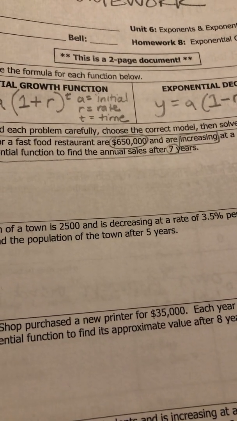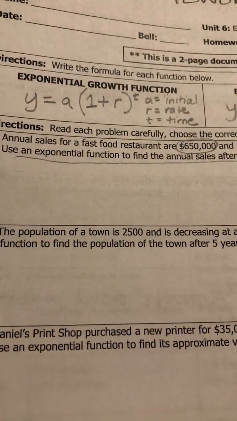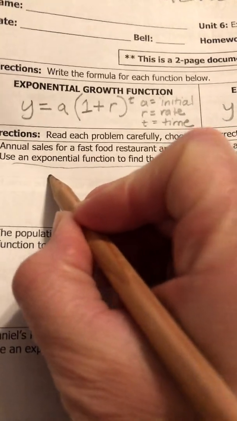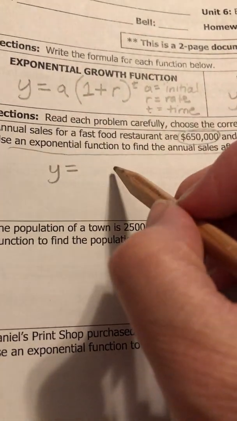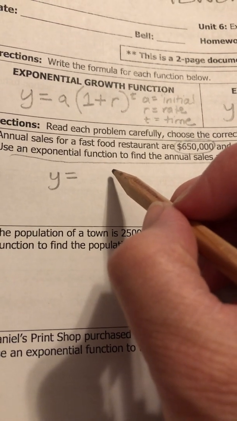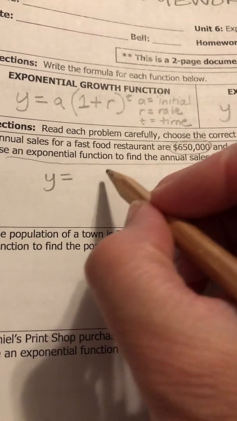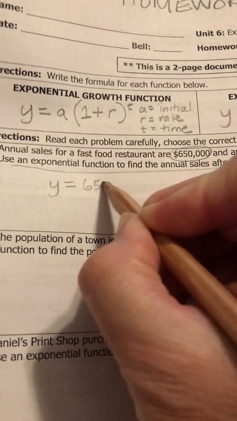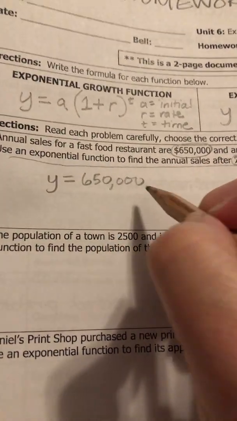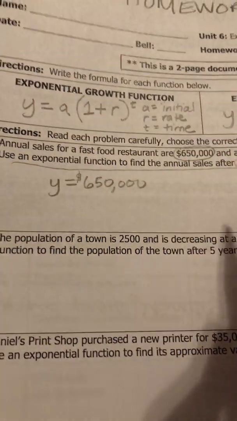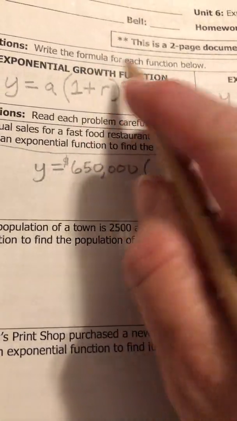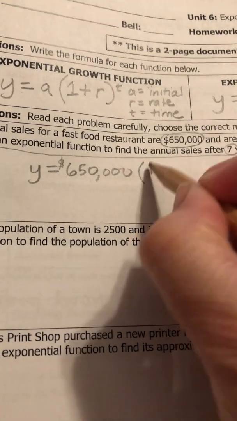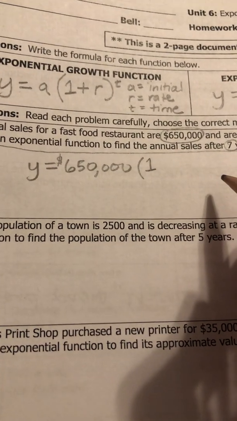Okay, so really what I'm going to use is this formula, if you will, or that form. So I'm going to set this up with y, and then a is going to be my principal amount, okay? So that's kind of what I'm starting with. So $650,000 is what I'm starting with, okay? And then I'm going to put in parentheses, since it's the growth function that I'm using, I always put a 1.